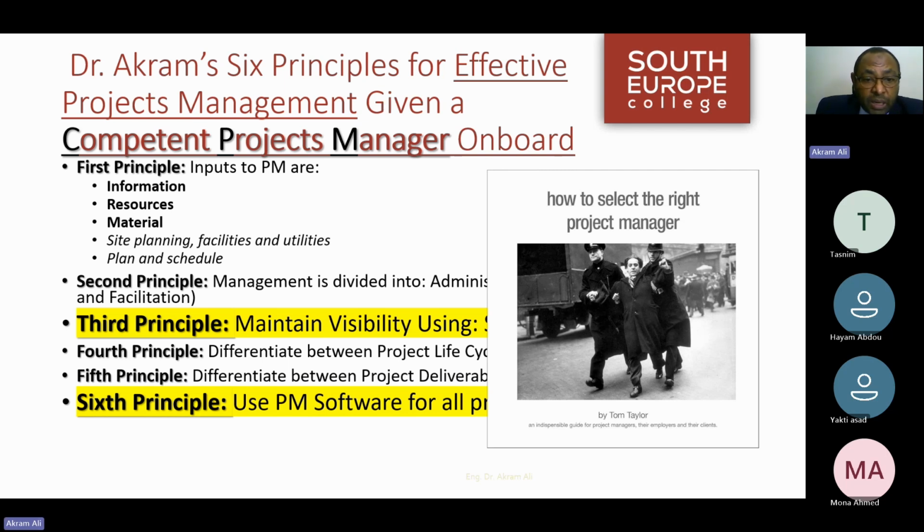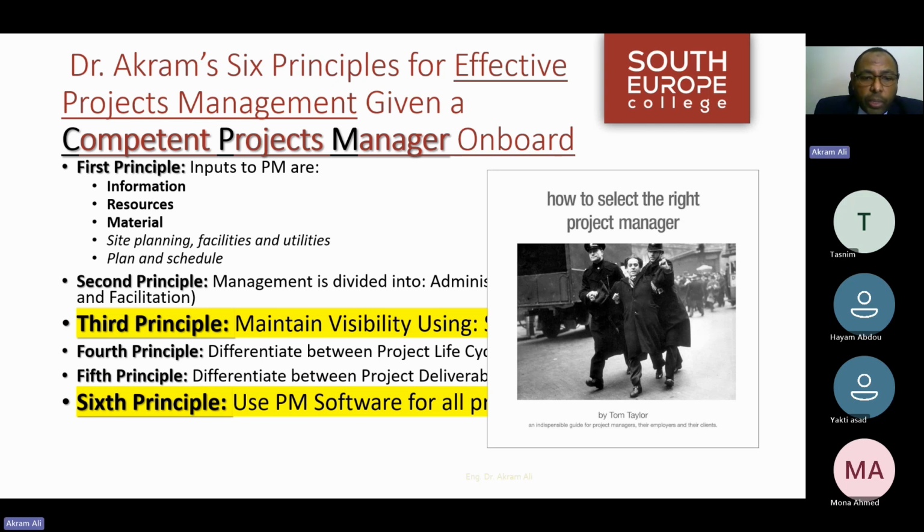So the second principle is management is divided into administration and leadership, and leadership is defined as influence and facilitation. A third principle is to maintain visibility using S-curves, which is monitoring and controlling your schedule.